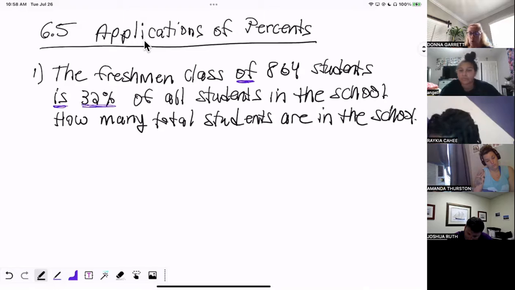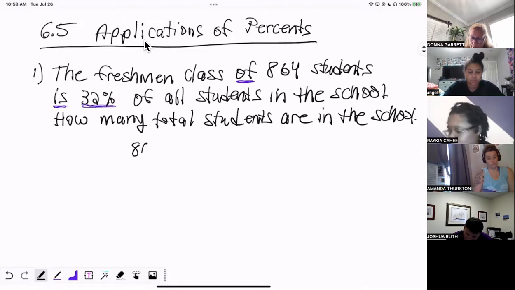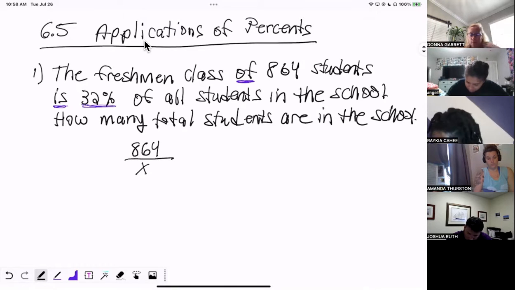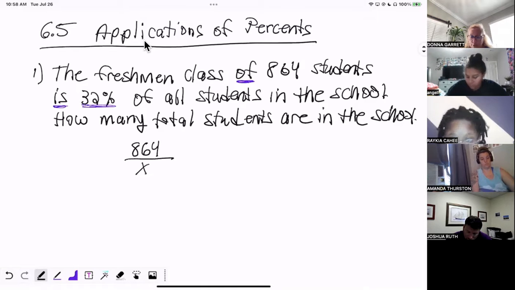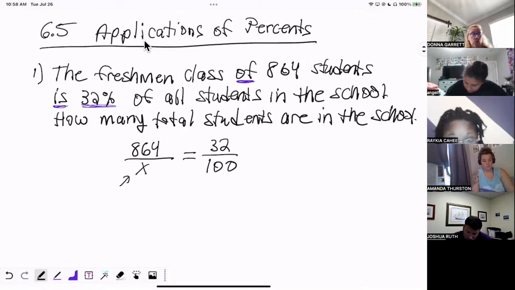So part over whole. If the freshman class is 864, then the whole school has to be more, right? So this is your part. We don't know how many students are in the whole school, that's what we're looking for. So the freshmen had 864 and it made up 32% of the whole school. So part is 864, and we're looking for the whole school.